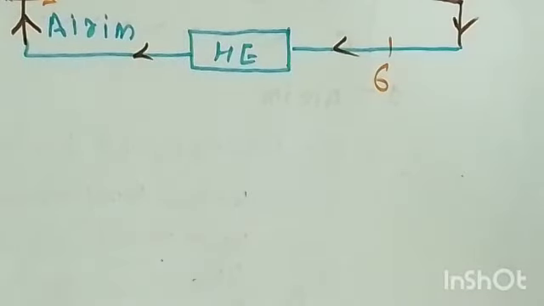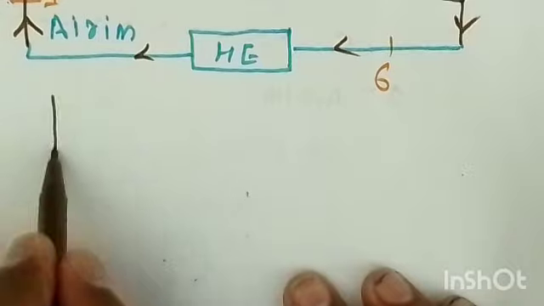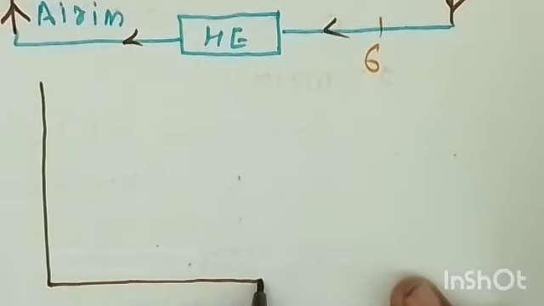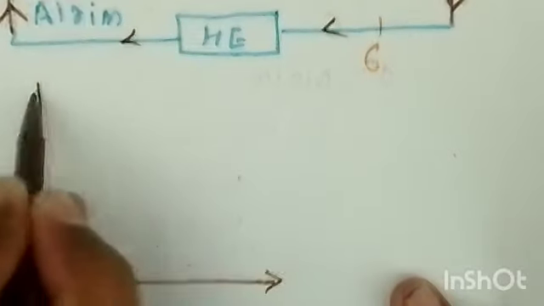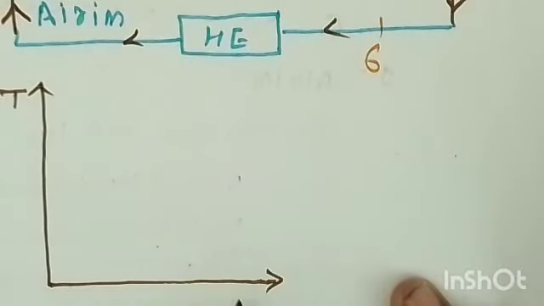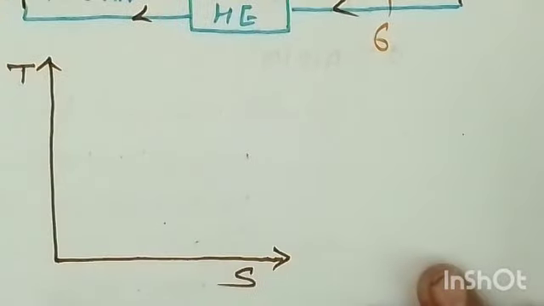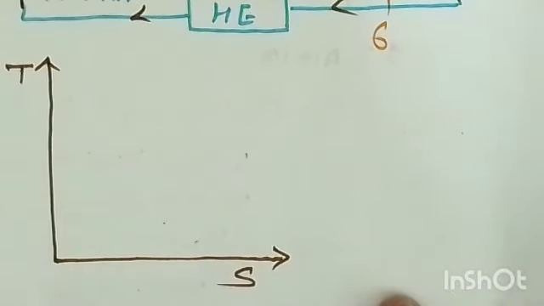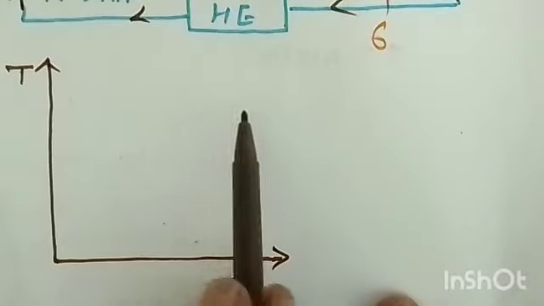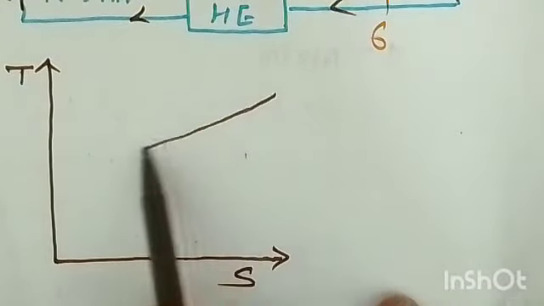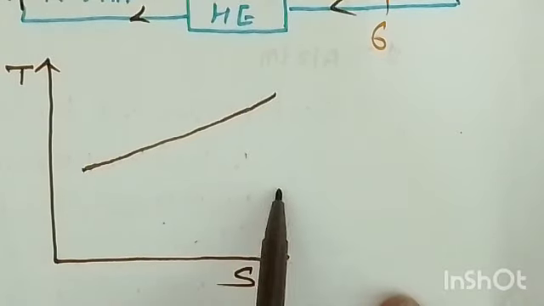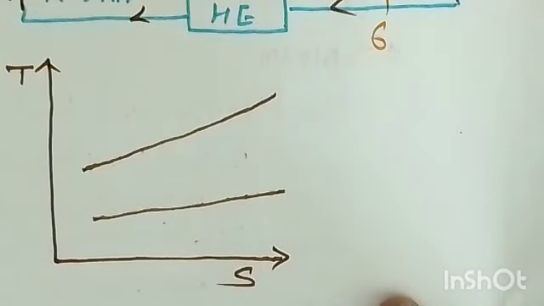This is your temperature on the y-axis and the entropy on the x-axis. Okay, so temperature, and this is your entropy, right? Now first of all you have to draw the two pressure lines: this is your high pressure line and this is your low pressure line, right?